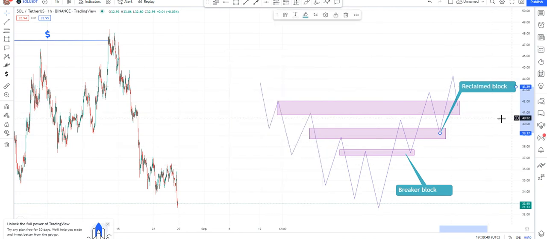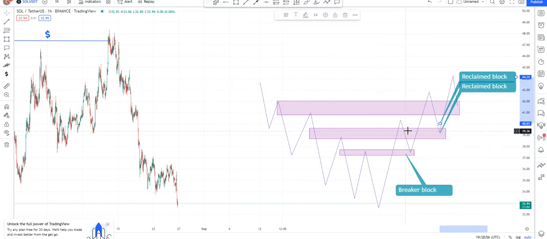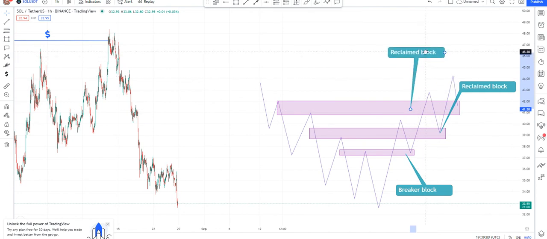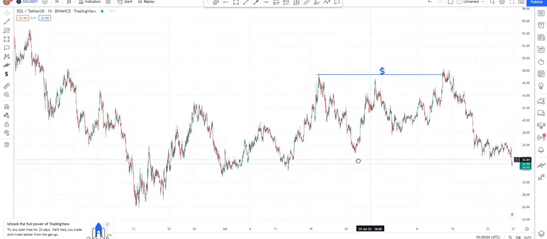So they are reclaimed from the previous trend. That's basically the difference.